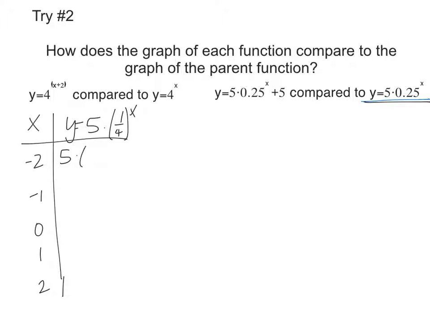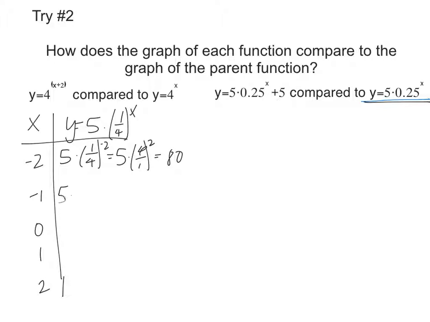So this is 5 times a fourth to the negative second, which is really 5 times 4 over 1 to the second. 4 squared is 16. And then 16 times 5 is going to give us 80.